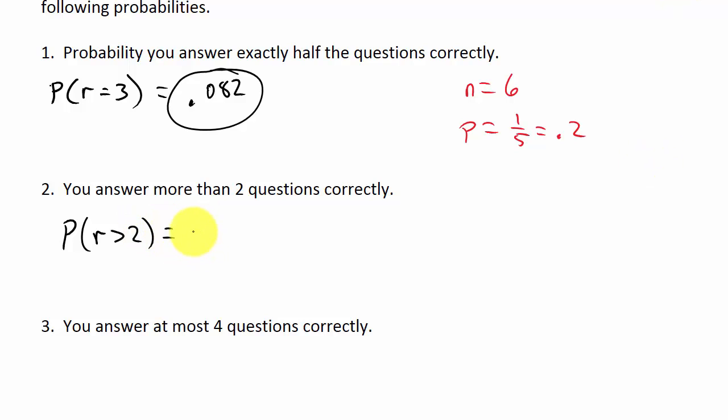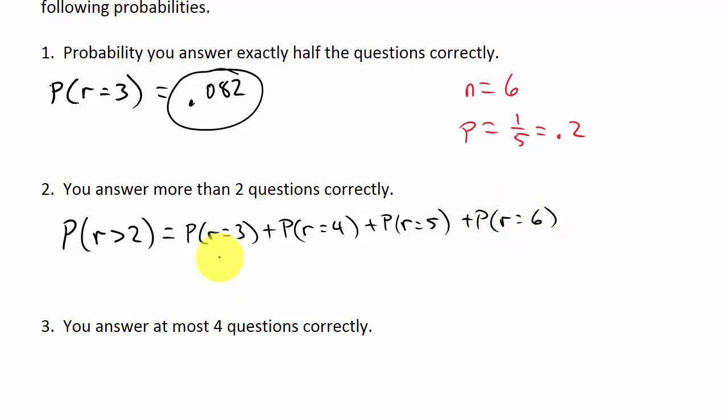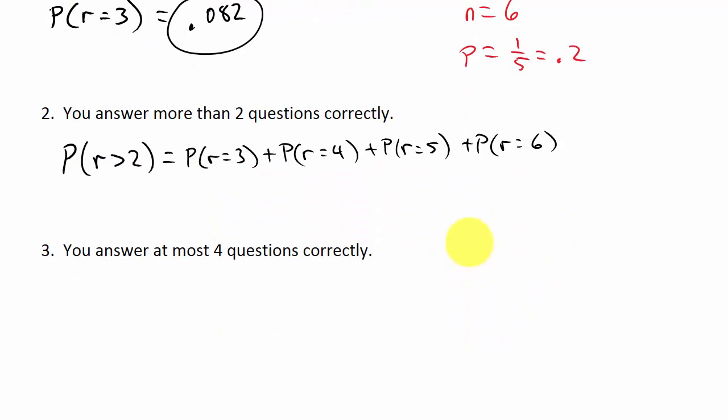So that means you're going to either get 3 questions correct, or 4, or 5, or 6 questions correct. Then you would look each of these up in the table where n is 6 and p is 0.2, and you would look for r equals 3, 4, 5, and 6.